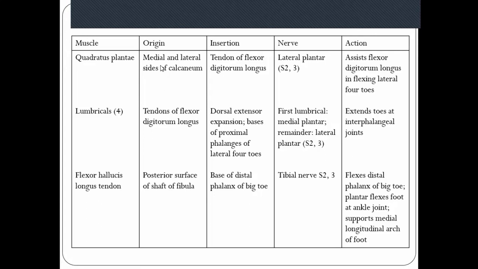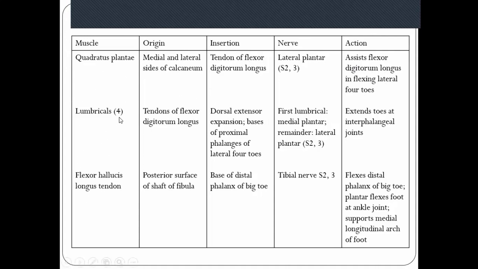It arises from the medial and lateral sides of the calcaneus and is inserted into the tendon of flexor digitorum longus. Its action is to assist flexor digitorum longus in flexing the lateral four toes.